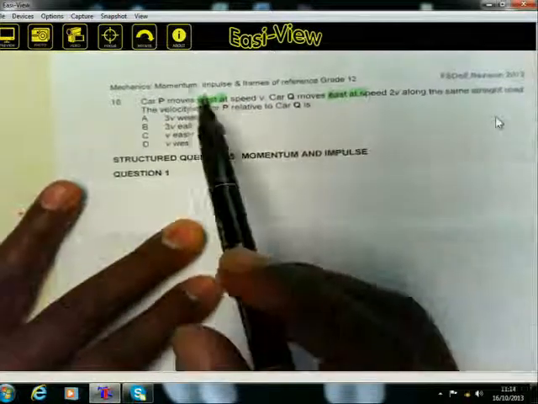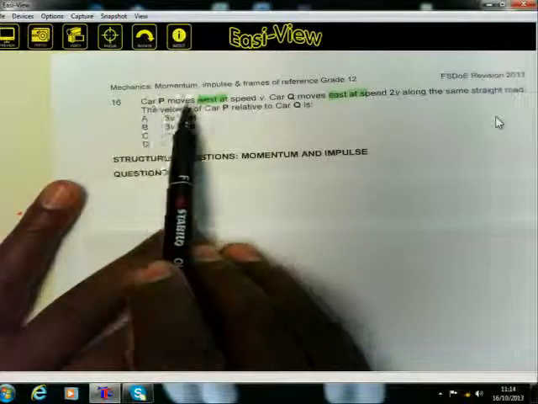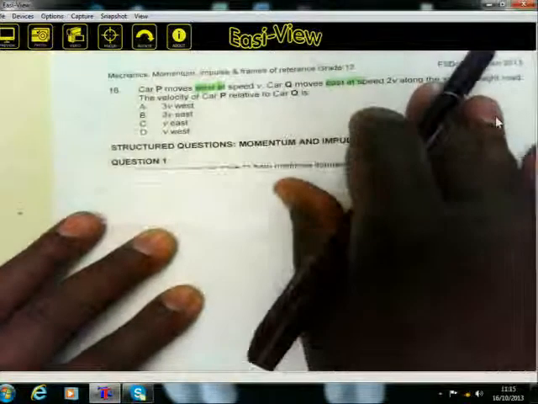So here we are also given by the examiner that P, or car P, moves west at a speed of v. We are given the direction here as west and east, so that's what we should interpret our answer in that form.